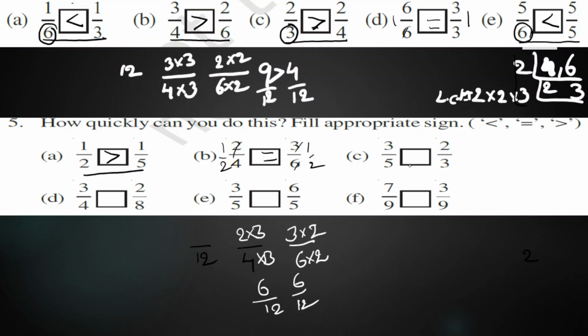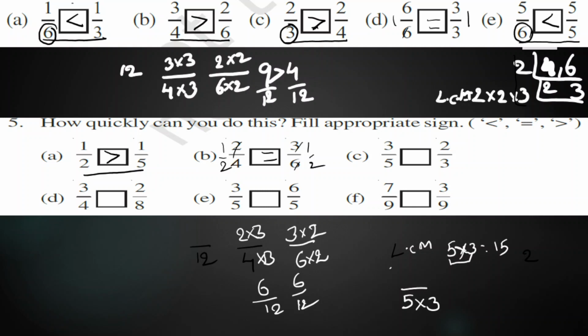And here these are unlike fractions with different denominators and different numerators. Here the LCM becomes 5 into 3, that is nothing but 15, because 5 and 3 don't have any common factors, so we can take the product of these numbers as LCM. Now let's write the equivalent fractions of 3 by 5.